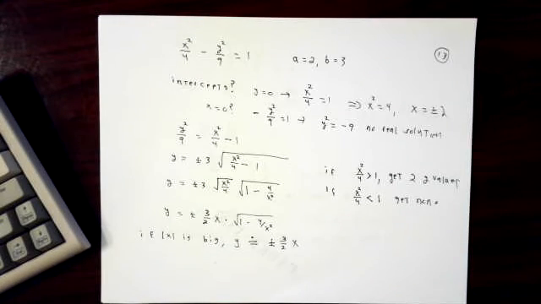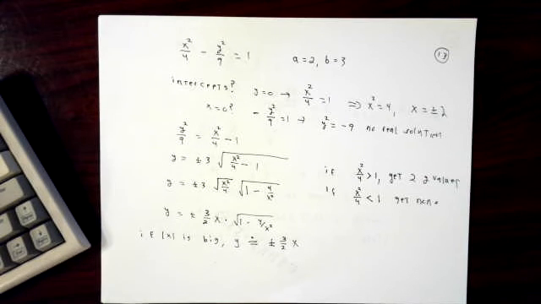I want to look at a specific example of one of these hyperbolas where the a goes with the x. So this is going to be x squared over 4 minus y squared over 9 equals 1. a squared is 4, b squared is 9, a is 2, b is 3.